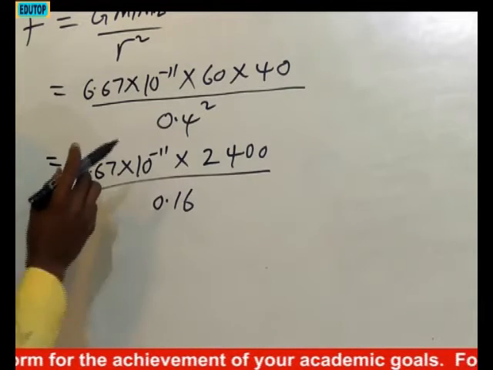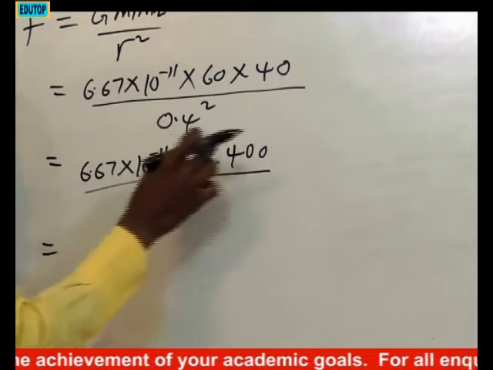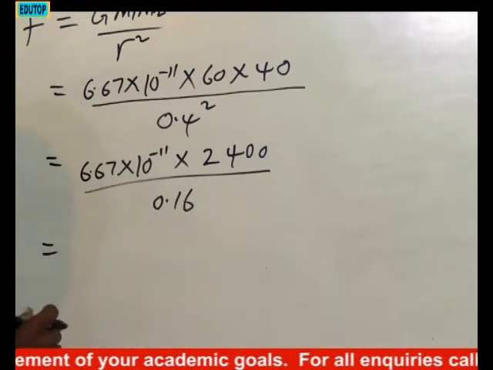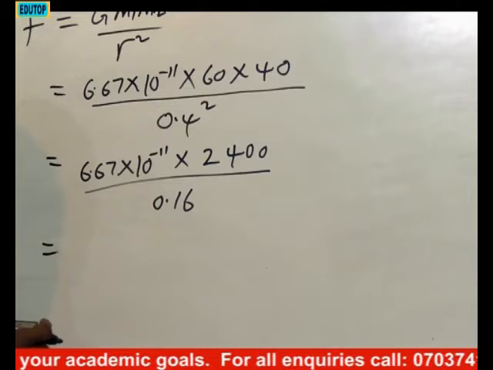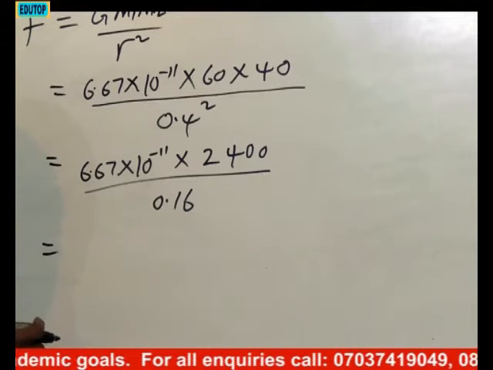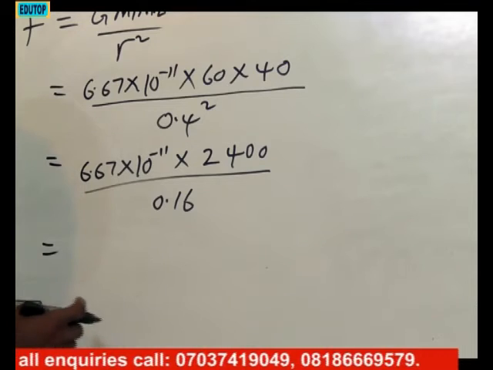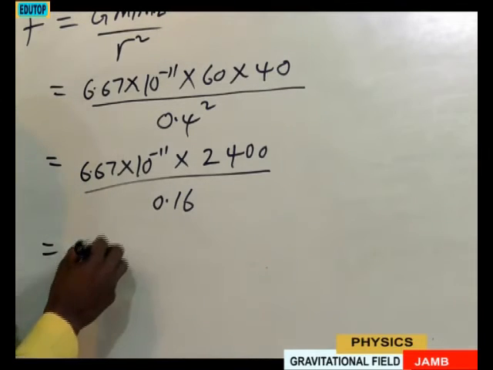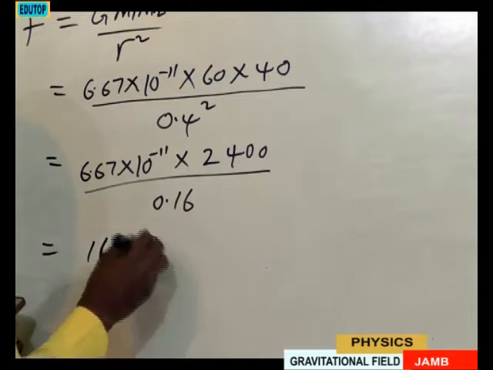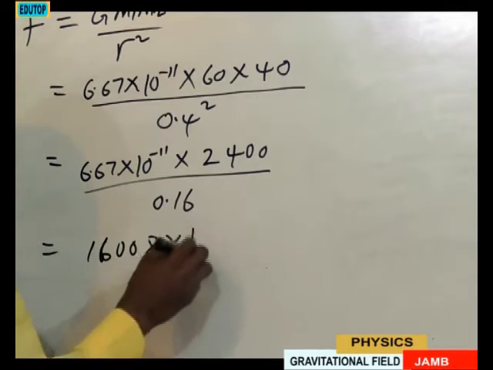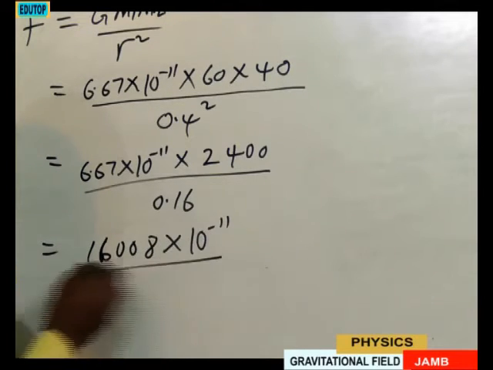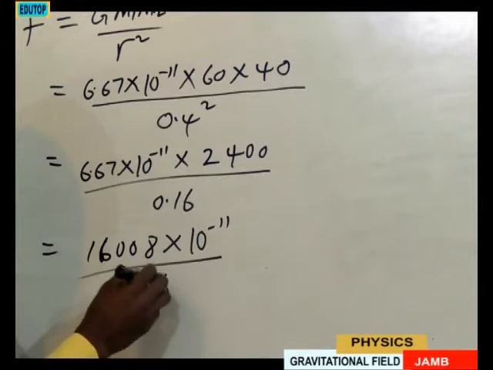And what are we having from there? We can multiply 6.67 by 2,400, and we are going to have 16,008, everything times 10 to the power minus 11 divided by 0.16.